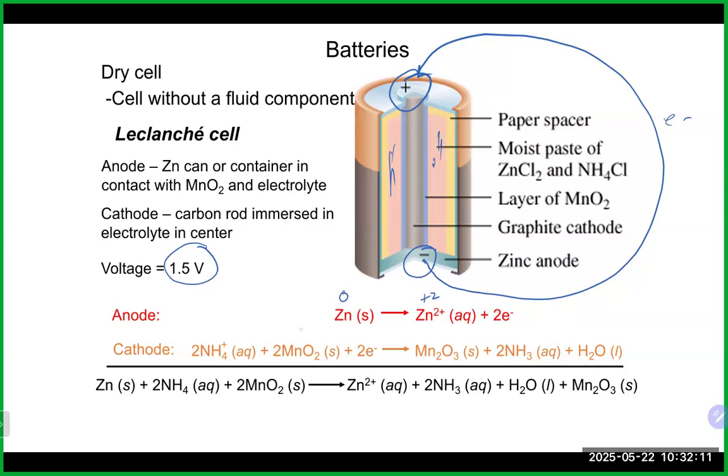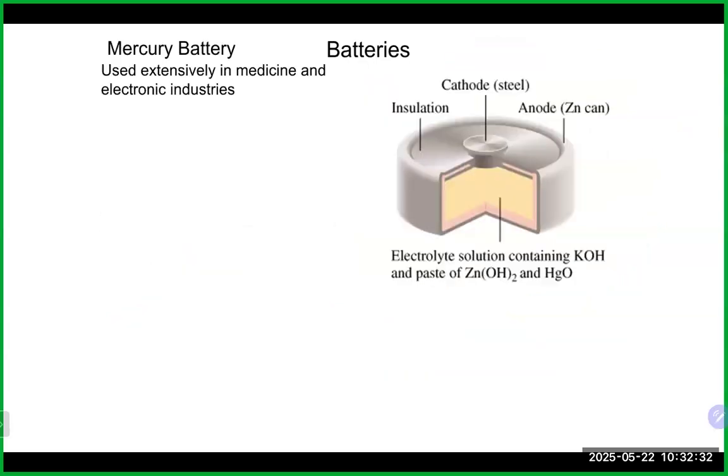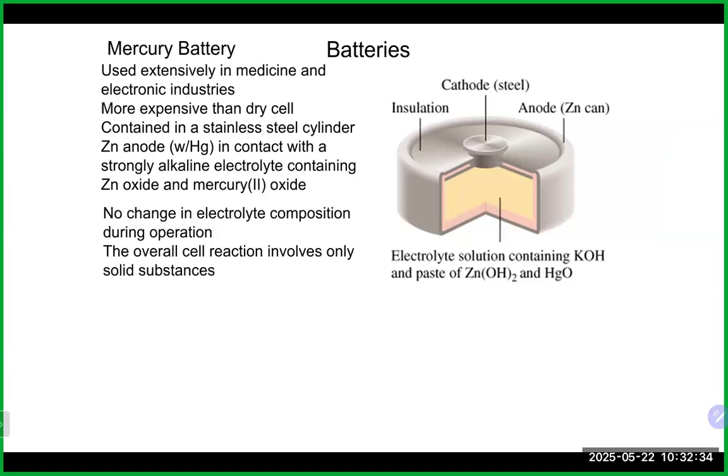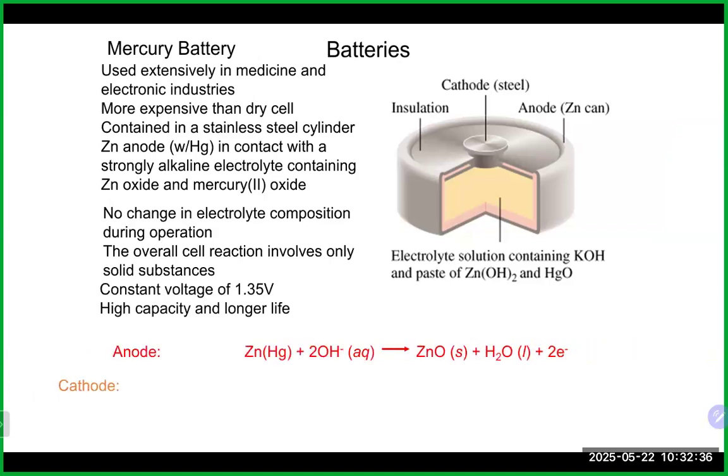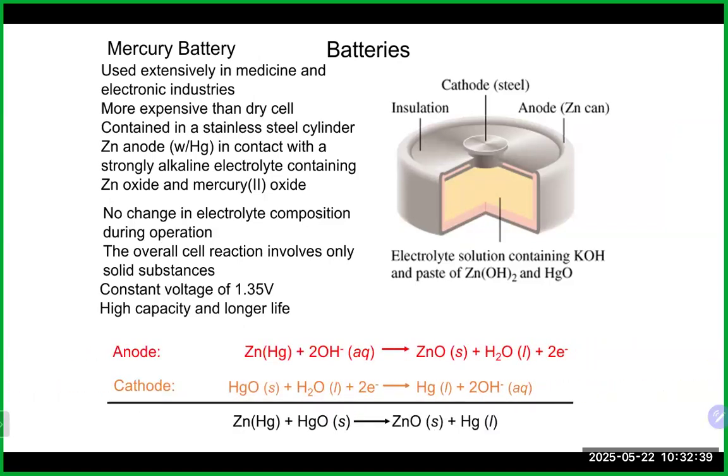And over here, we have our Mn, which is going from +4 to +3, getting reduced in this case. And here's our overall reaction that's happening. And again, the different sizes allow this reaction to continue for a longer period of time than a smaller one. Mercury batteries, on the other hand, are a little bit different, but also similar in a sense.